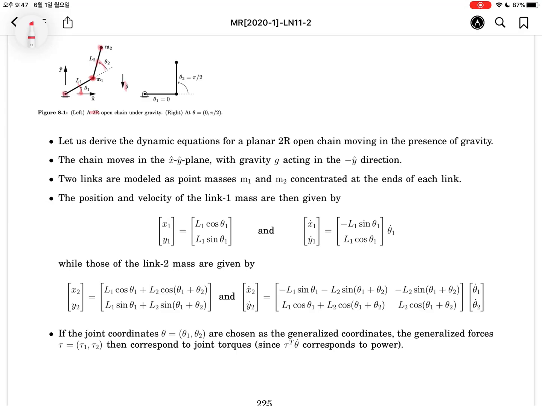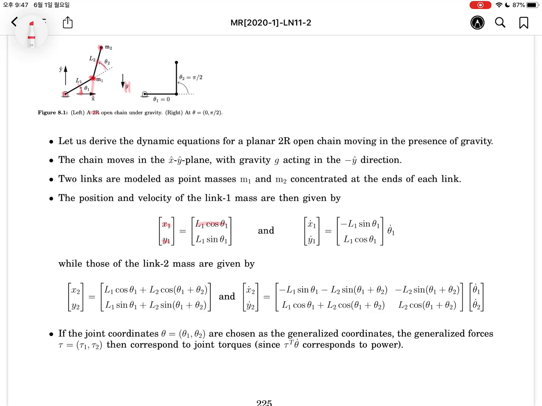Okay, the gravity can be chosen as the minus y direction. Let's calculate the position of the end point of the first link, x1 and y1. The x1 will be obtained using the projection onto the x direction, so L1 cosine theta 1 is obtained.